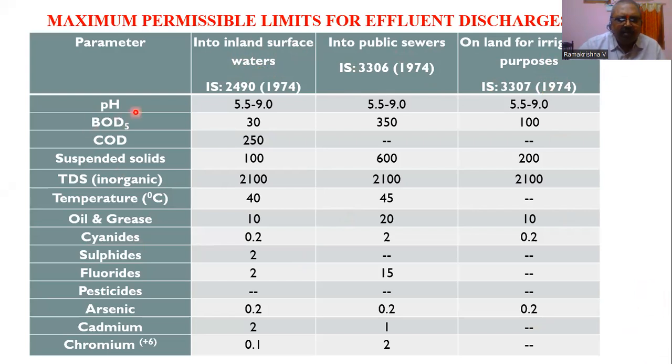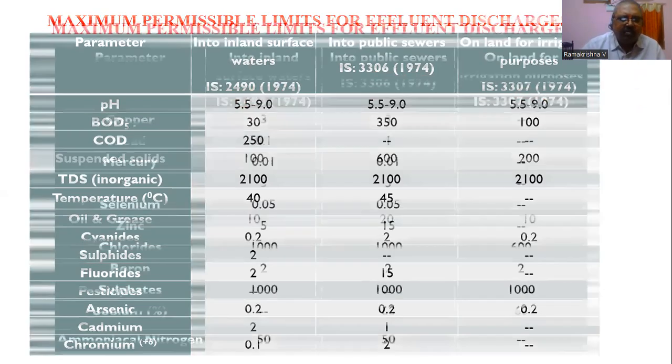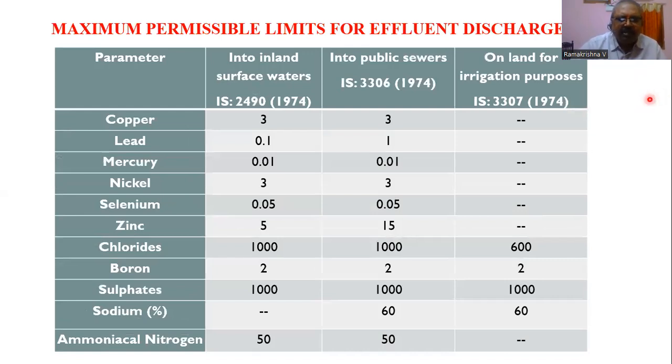The parameters are listed here, and the limits of disposal, the maximum permissible limits for effluent discharges, are mentioned under IS 2490 1974, IS 3306 1974, and IS 3307 1974. Some more parameters are also mentioned here.